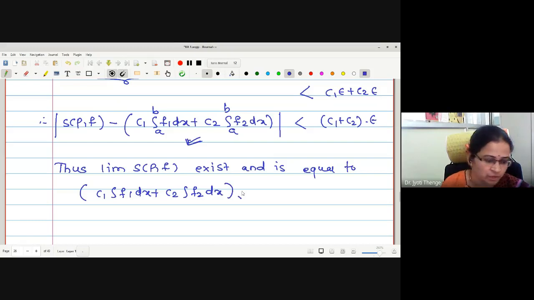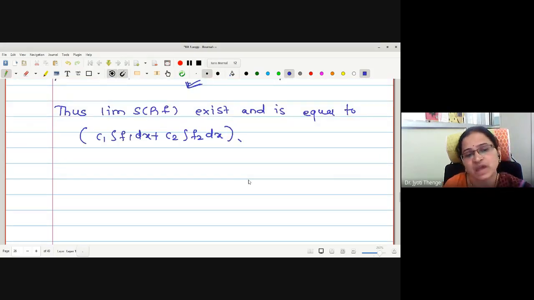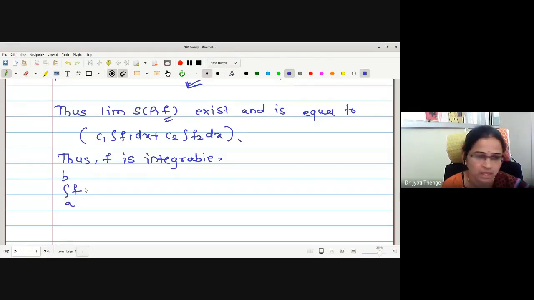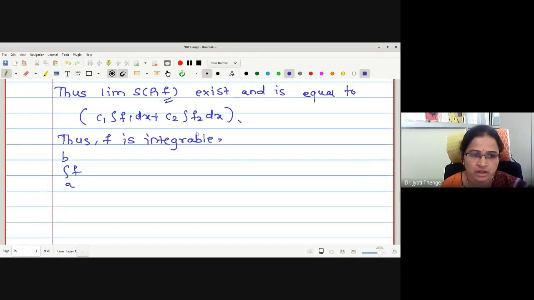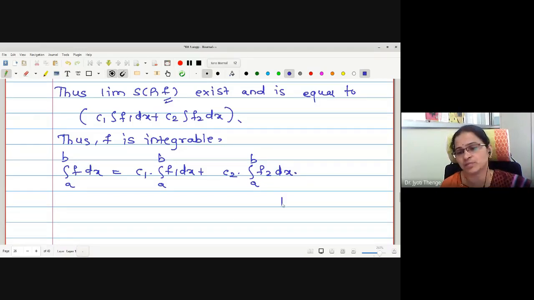Therefore, f is integrable. Thus, the limit of S(P, f) exists, thus f is integrable. And what is the integration value of the function f? The integration value is nothing but this limiting value: integration f dx is equal to c1 integration a to b f1 dx plus c2 integration a to b f2 dx, and hence the proof of the corollary.